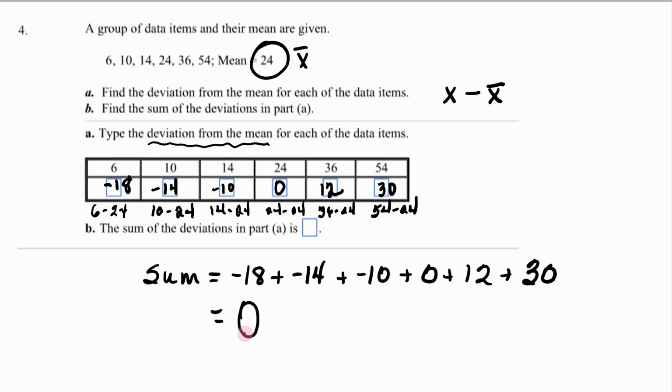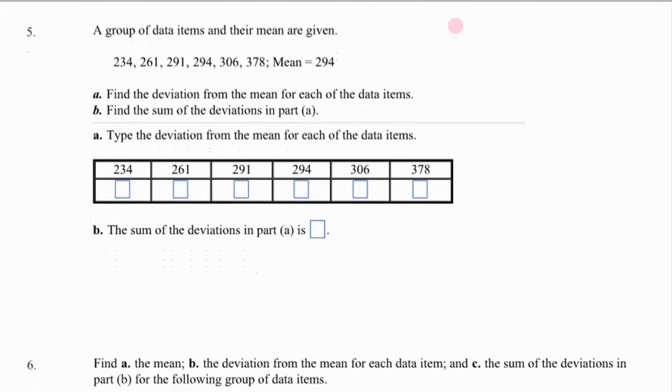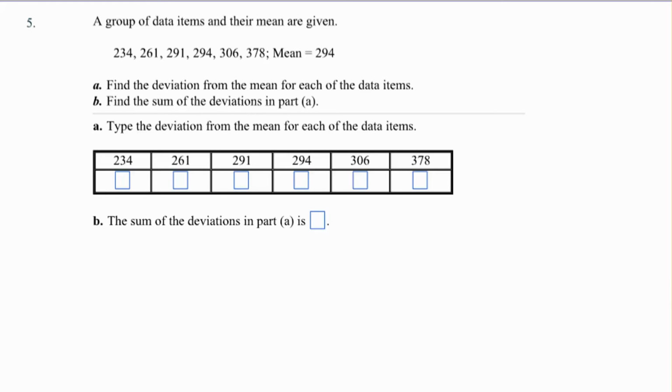All right, that was number 4. Let's look at number 5. We're going to be asked to do something very, very similar. My x bar is 294. That's given.